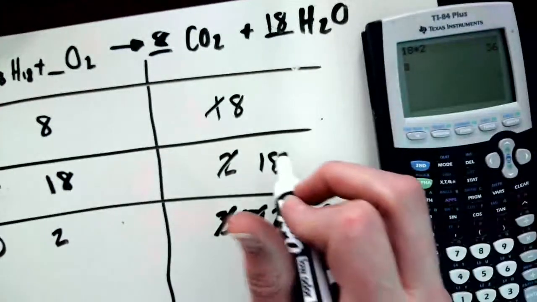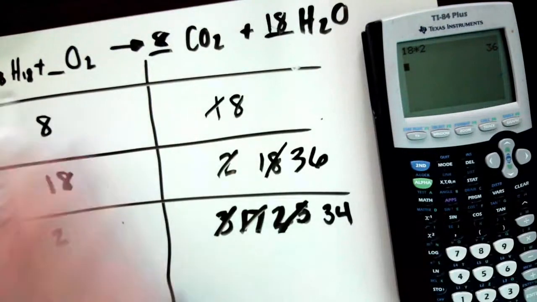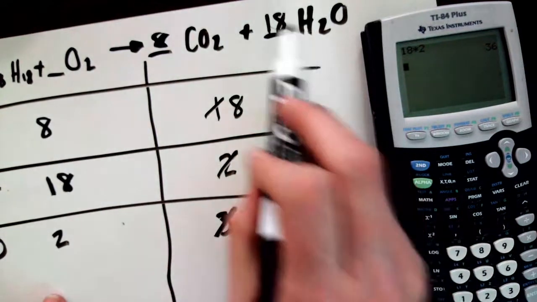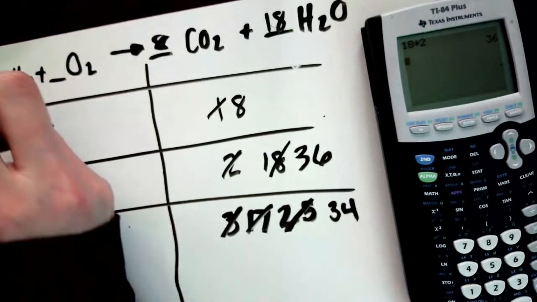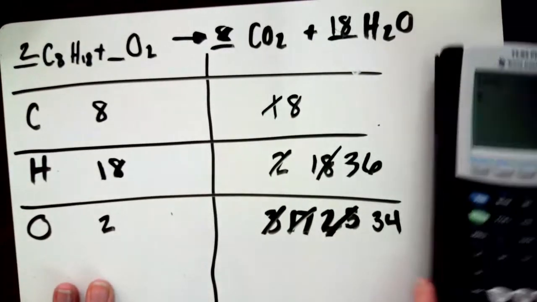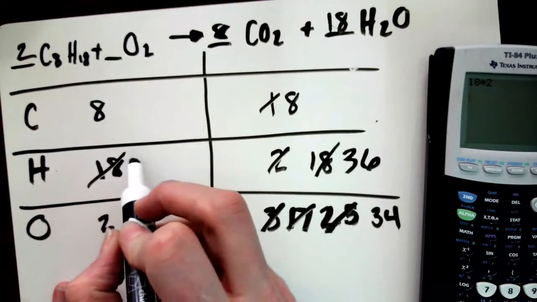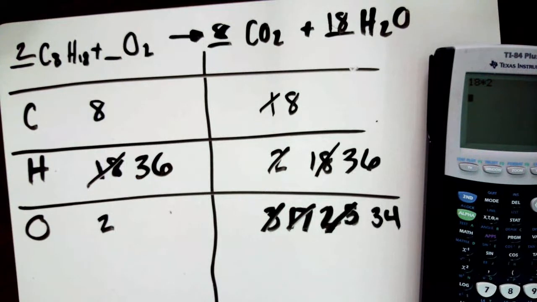All right, so I'm at 36. So you're going to look over here and see if I can make this hydrogen a 36. And this was 18 and that's 18, so that'll work. Just take this times 2. All right, so I just put a 2 out front. So now I have 36 hydrogens.